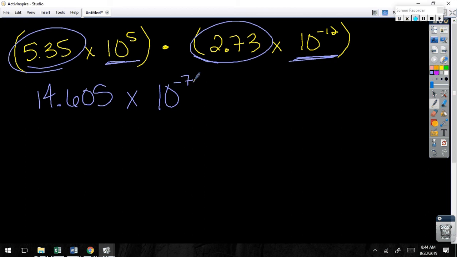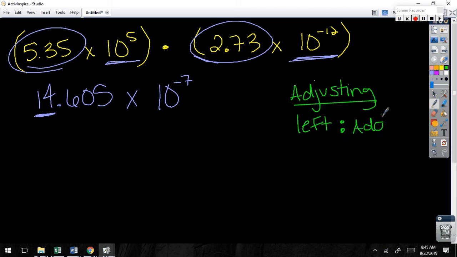Now this is a problem. Why is this a problem? Exactly. This first number, it's only one digit, right? It can't be above 10. So I need to move that decimal which way? Left. Here's where it gets confusing. When you start adjusting, if you need to adjust left, then you add to the exponent.